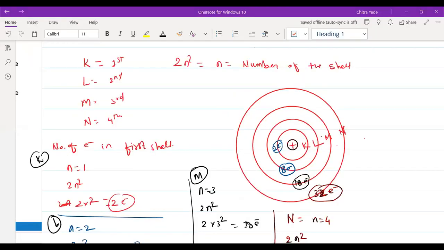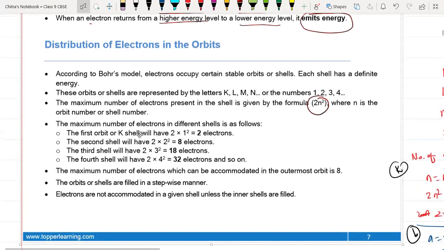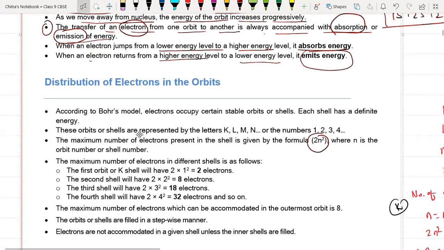Okay. So here we have the theory part, how electrons are being distributed. According to the Bohr model, electrons occupy certain stable orbits or shells, and each shell has a definite energy. These orbits or shells are represented by K, L, M, N, and so on, and they are numbered 1, 2, 3, 4 like this.